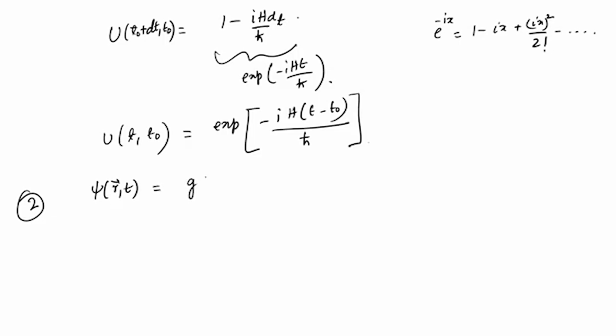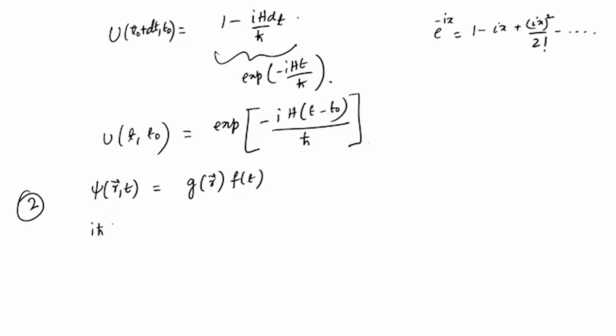So, that tells you that psi is equal to g of r times f of t, that is, there is a clear function of r, and then there is another clear function of t. So, let us call them g of r and f of t. If I put it in the Schrodinger equation, I h cross del psi by del t, we are taking a time derivative, so this g of r will not be affected.